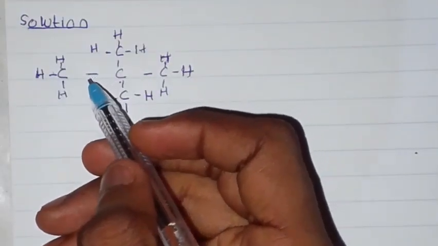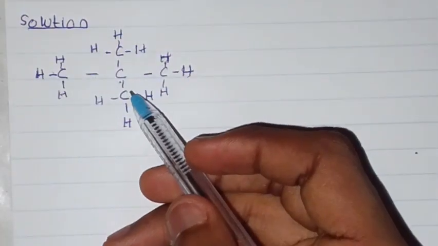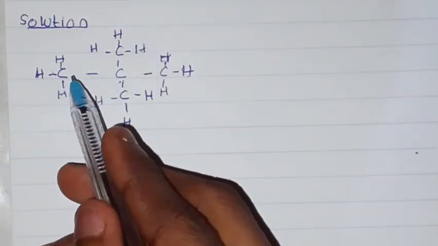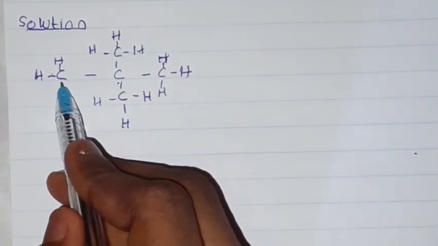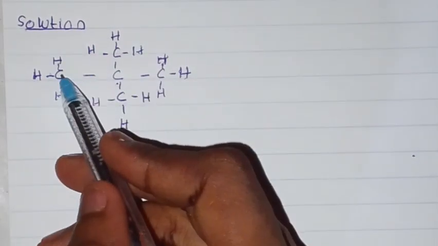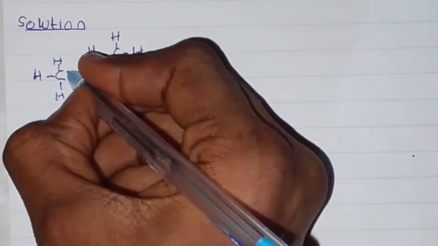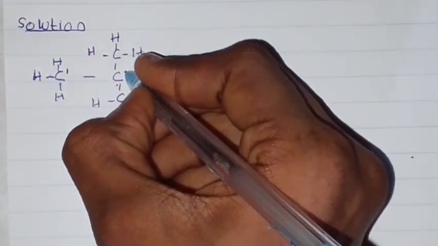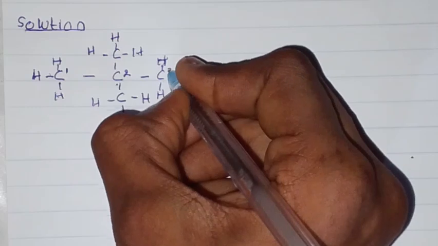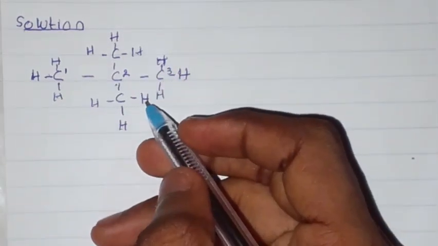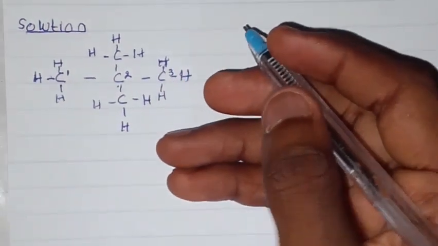First, we said we identify the longest chain. The longest chain here can be drawn in different ways, but if you count straight ahead, from the first carbon to the last carbon, you're going to have 1, 2, 3. This is carbon 1, this is carbon 2, and this is carbon 3. Remember I said that we use 2 numbering systems, either forward or backward.